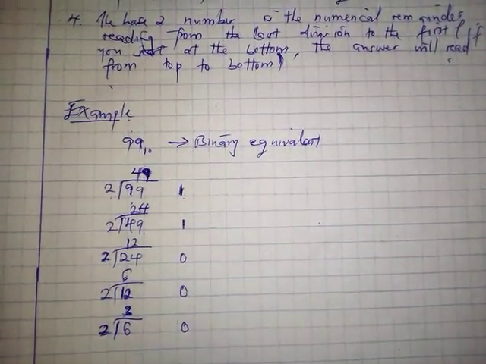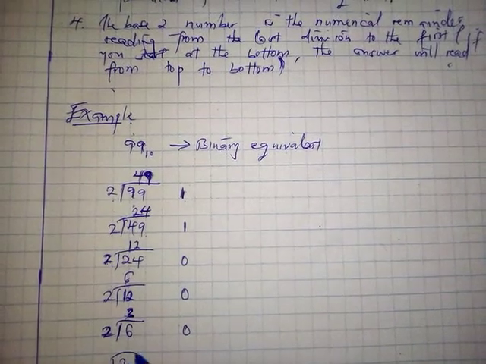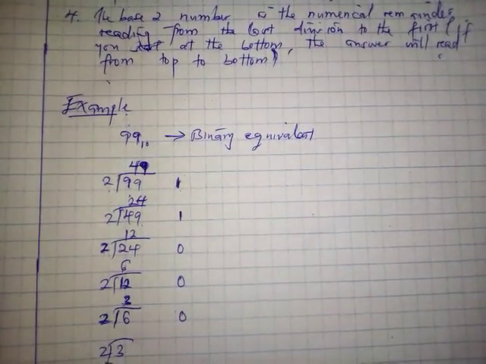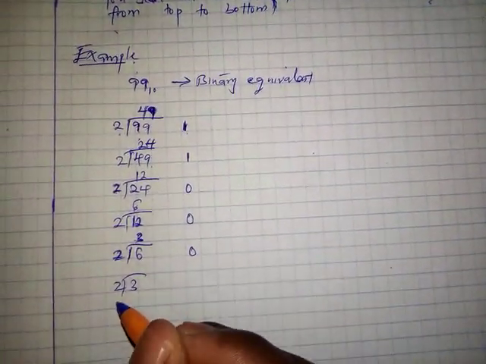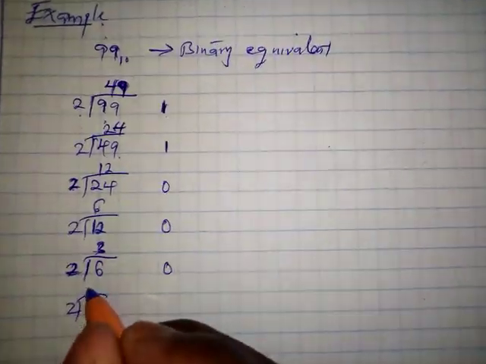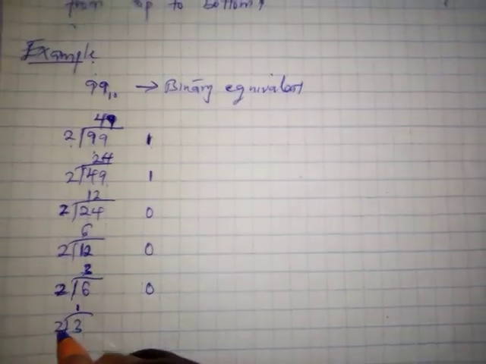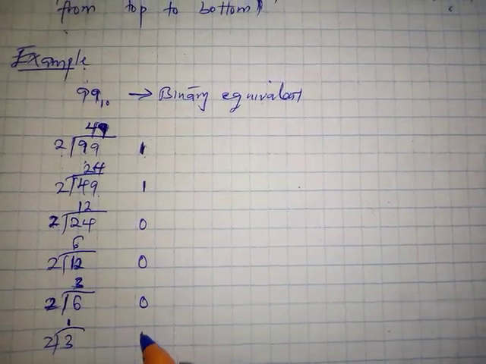Then 3 divided by 2 is 1. 1 times 2 is 2, the remainder is 1.